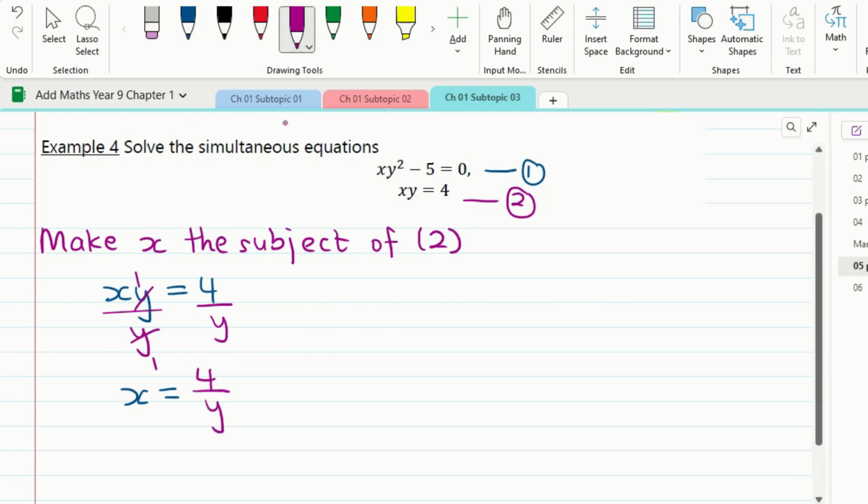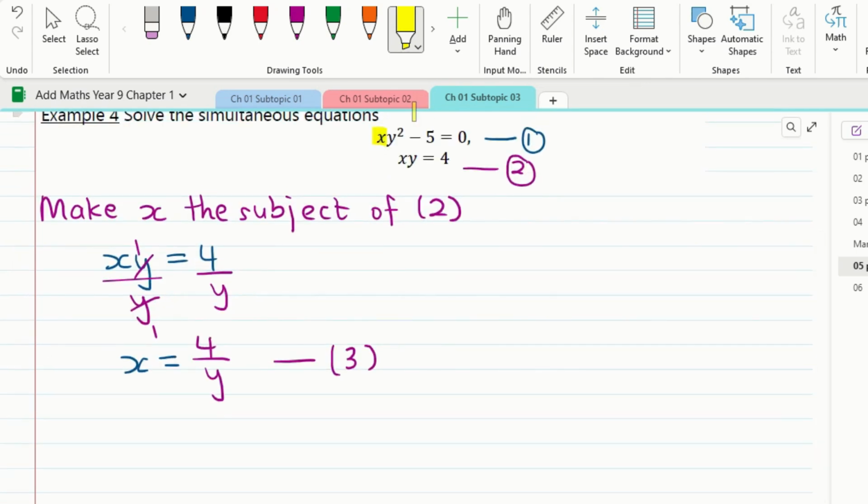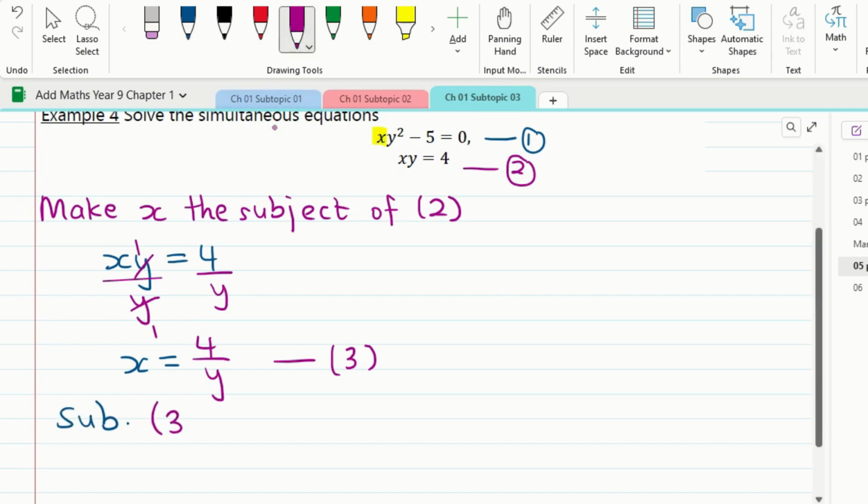Let's call this our third equation, which will be substituted into equation number 1. You see why I choose x instead of y, because x is just a single term with no power of more than 1. As for y squared, it has a square, but it's still doable. Let's see what happens if you substitute equation number 3 into equation number 1.